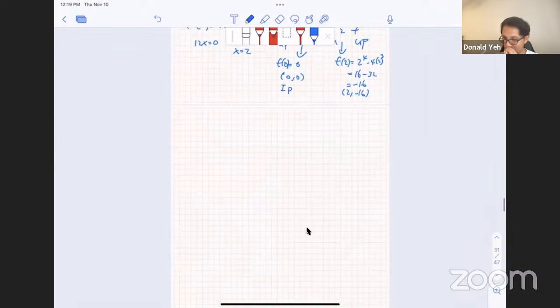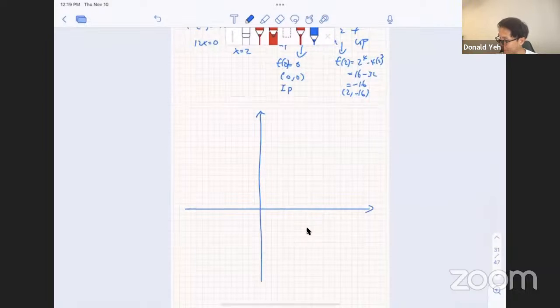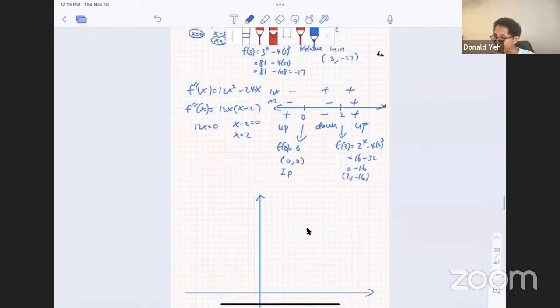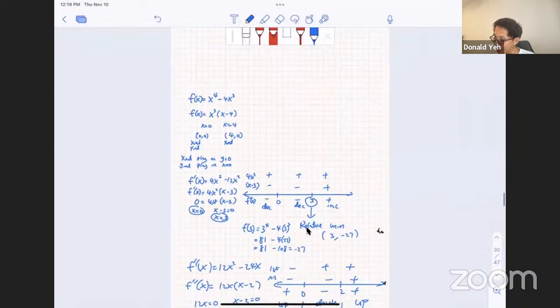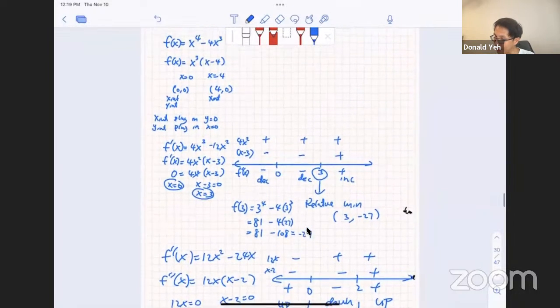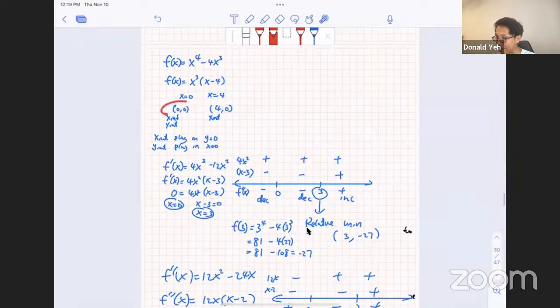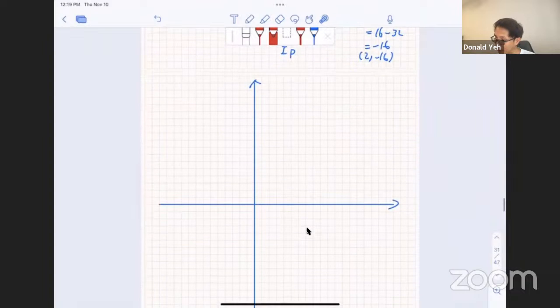All right, anyway, what I'm going to do is sketch this graph. The first piece of information I have is the x-intercepts and the y-intercepts, so (0, 0) and (4, 0).